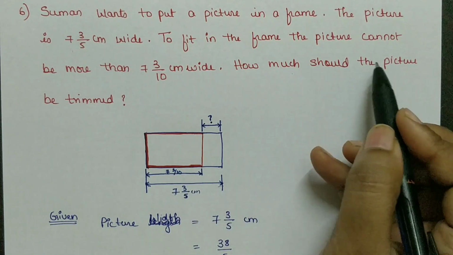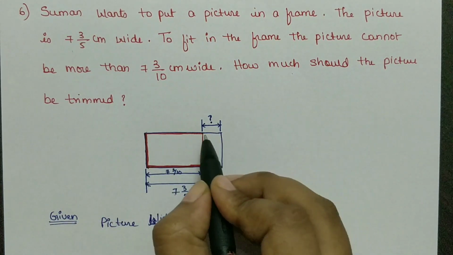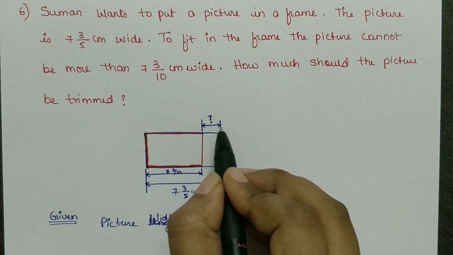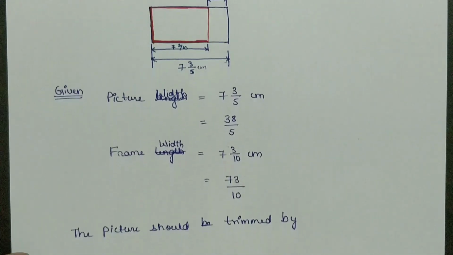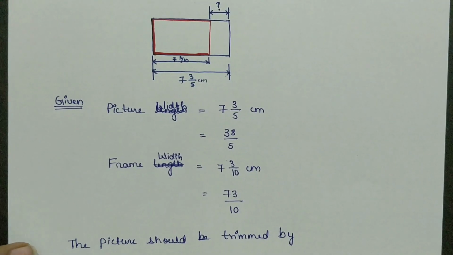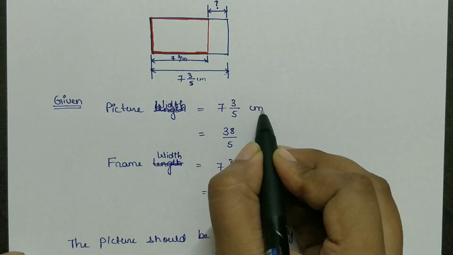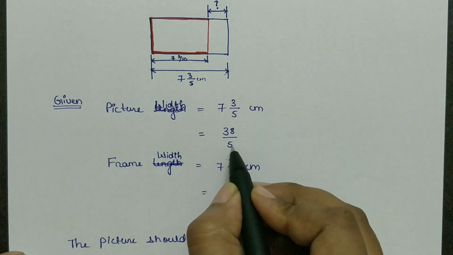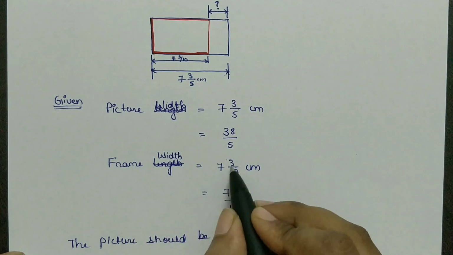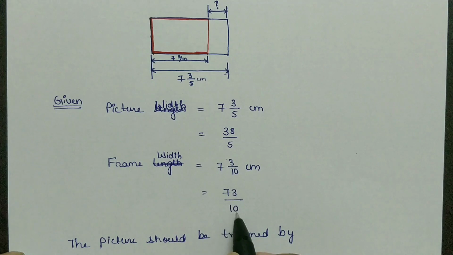How much should the picture be trimmed to fit in the frame? This is the part to be trimmed so that the picture fits in the frame. Picture width equal to 7 3 by 5 centimeters, that is equal to 38 by 5 centimeters. Frame width equal to 7 3 by 10 centimeters, that equal to 73 by 10 centimeters.